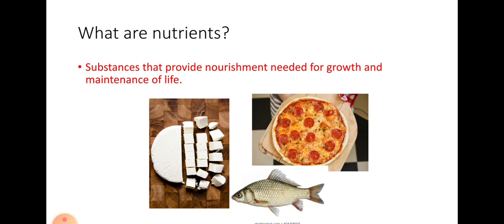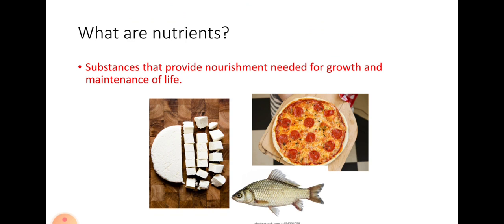Nutrients are substances that provide nourishment needed for growth, development and maintenance of life. Some foods are enriched in carbohydrates, fats, vitamins, and proteins. These are all necessary for our body.